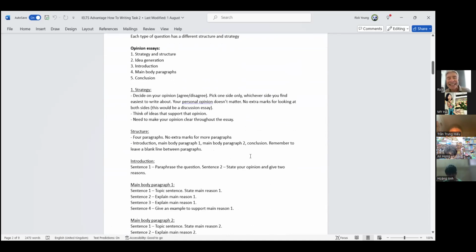The reason I'm teaching you the structure, by the way, is because once you have the structure, it is like building a building. Once you have the framework, it is much easier to finish the essay once you have all the building blocks in the right place. So if you know the structure of an essay, it helps you a lot with writing it.